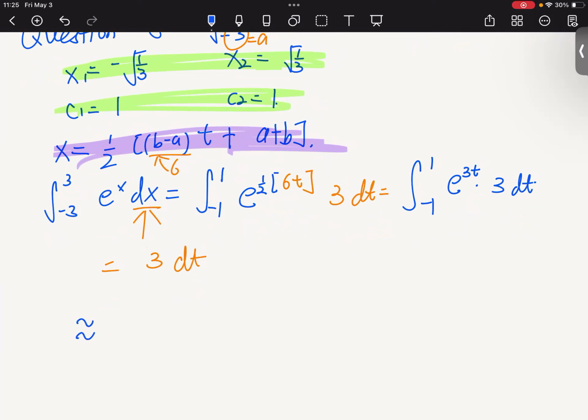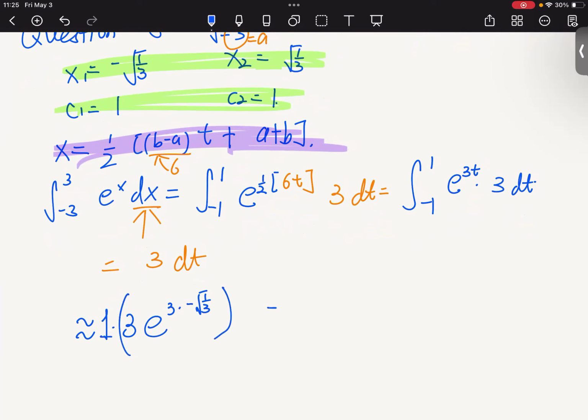So we are going to plug in here. We have 3 times e to the 3 times the negative square root of 1 over 3. And the coefficient is just 1. Then plus 1, this is the coefficient C2, and then 3 times e to the 3 times the square root of 1 over 3.